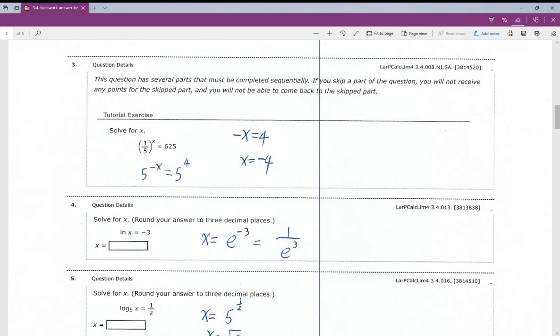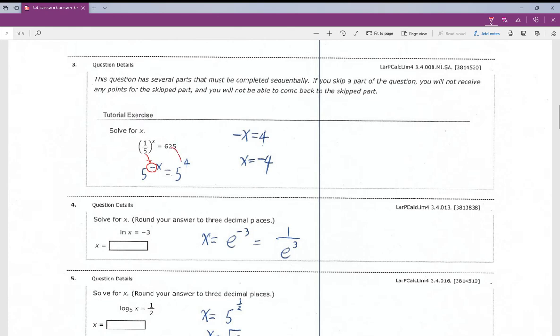So number 3, you can use either method. I just go by the definition. A denominator means a negative degree, because this 5 is in the denominator.